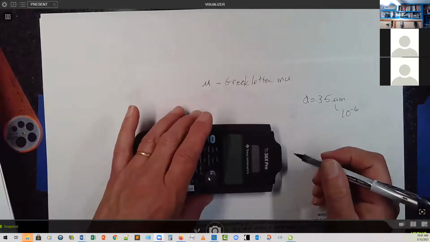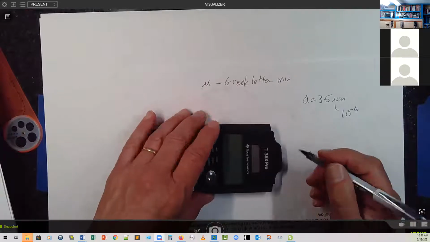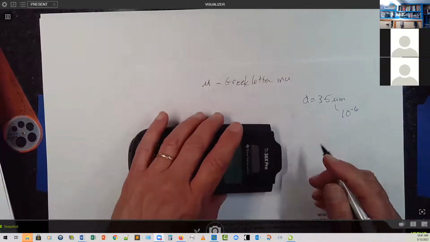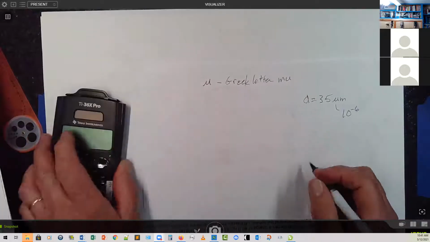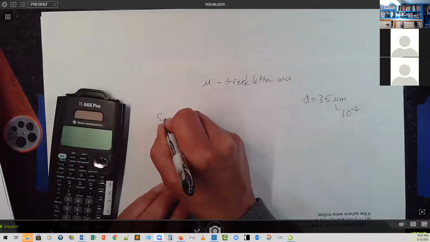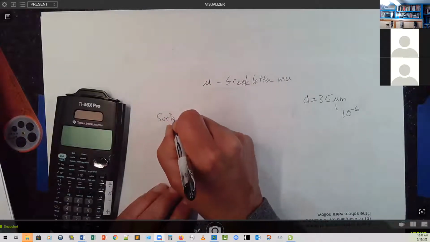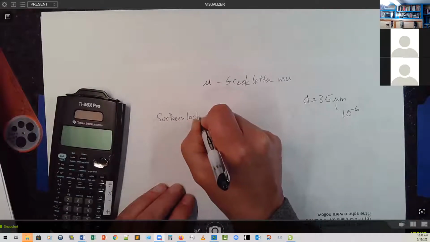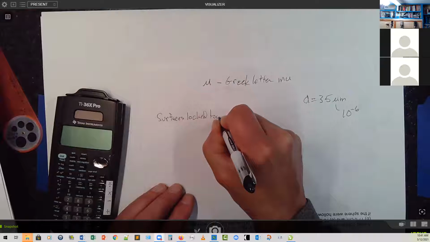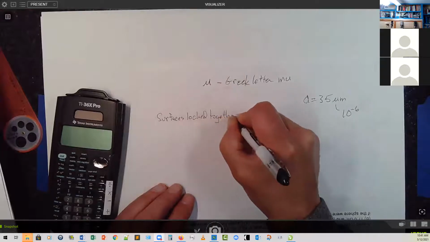That's called static friction. That's when the two surfaces are not moving with respect to each other, they're locked together. Surfaces locked together, that's static friction.